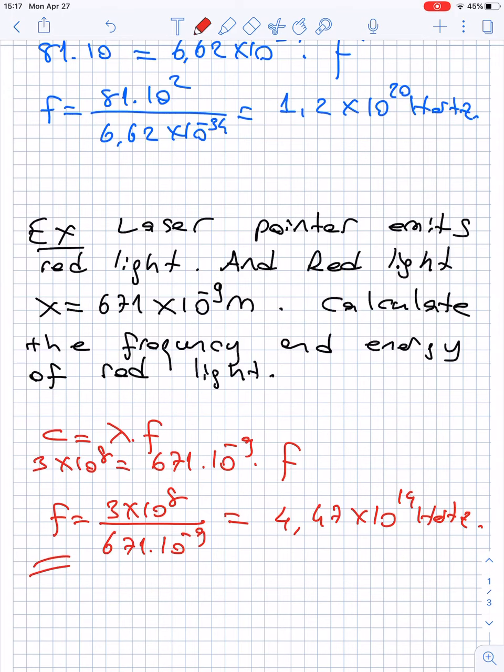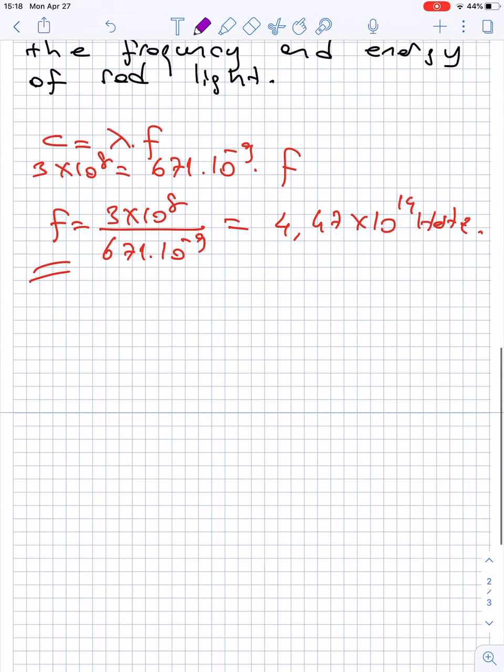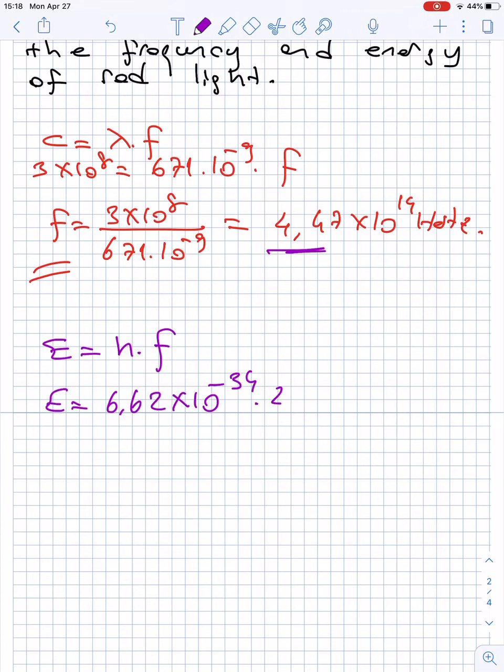This is my frequency. And the energy of the red light, energy is equal to H multiplying F. Again, H is constant, 6.62 times 10 to the power minus 34, and the frequency we found is 4.48 times 10 to the 14.